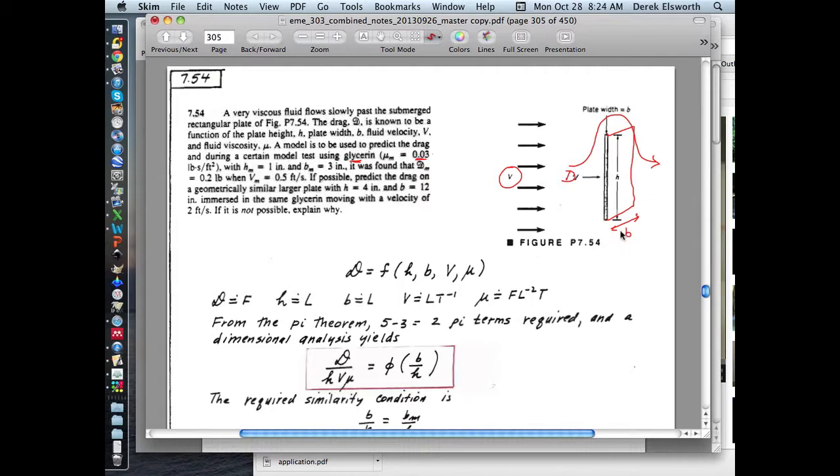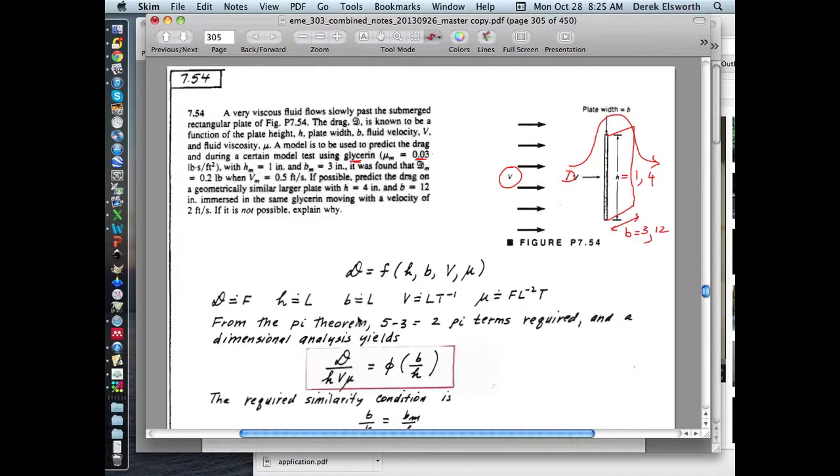So the height is 1 inch, and this is equal to 3 inches in our model. And in our prototype, it is 4 inches by 12 inches. And so we'd like to do a model that's only 1 inch by 3, because it's much easier, and then run it as that, and then figure out exactly what this equivalent drag force would be.